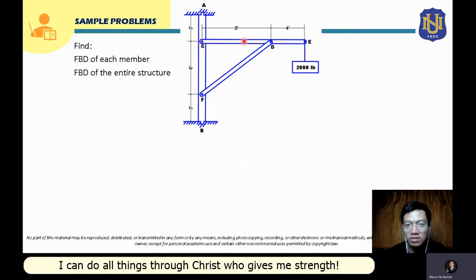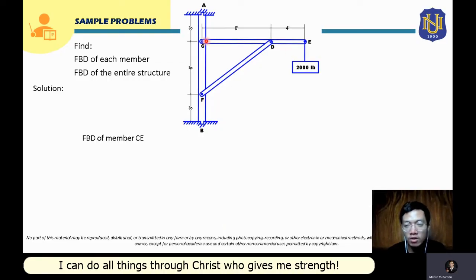So we will start constructing the free body diagram of member CE. For the FBD of member CE, our first step is to draw the member CE, assuming that its supports are removed.